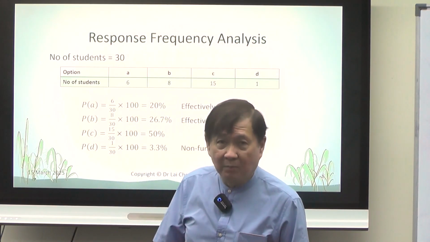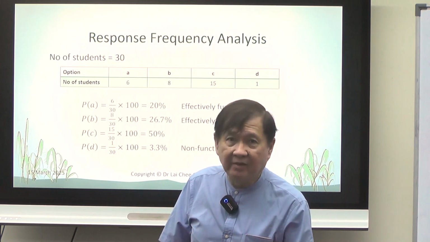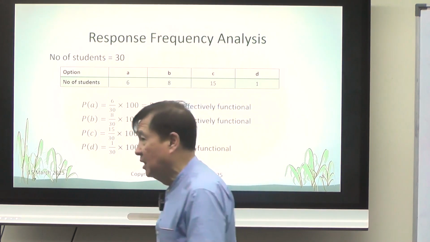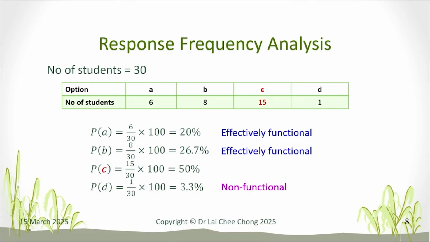So you need to replace it or modify it, whatever that is. You see that? So that's how it's being done. Fair enough? So now for every test item, you have to calculate at least these 3 distractors in this case.